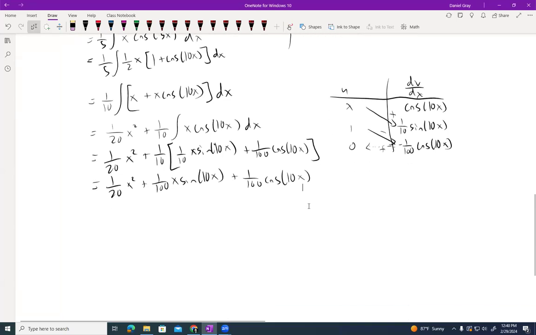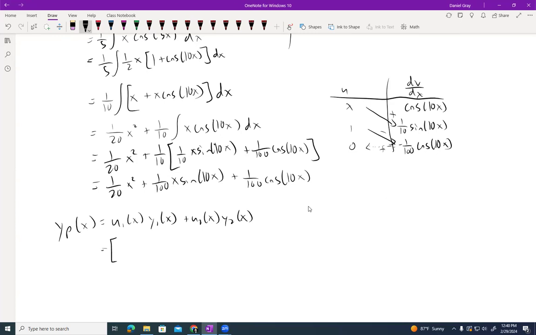Okay, so now we have our u1 and our u2. Our particular solution yp of x, remember, has the form u1 of x times y1 of x plus u2 of x times y2 of x. Let's see what we get.